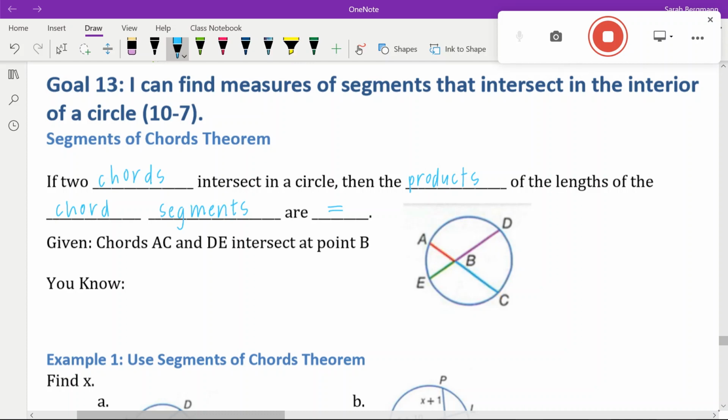Those are the segments that together make up the chord. So AB times BC is going to be equal to the product of the chord segments of the other chord, EB and BD. If we multiply the chord segments together, they should be equal.